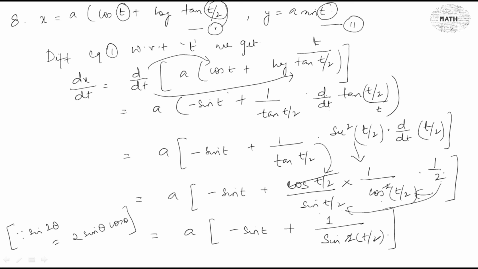So the next one would be nothing more than equal to a minus, not cos, that was not cos, I'll just cut this one. So I got here a minus sine t, and then plus 1 divided by sine t.